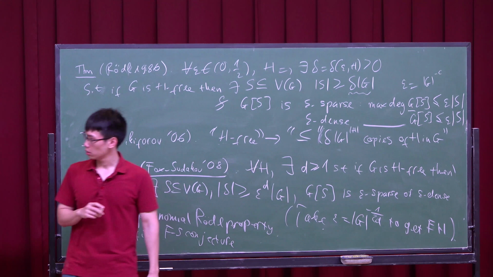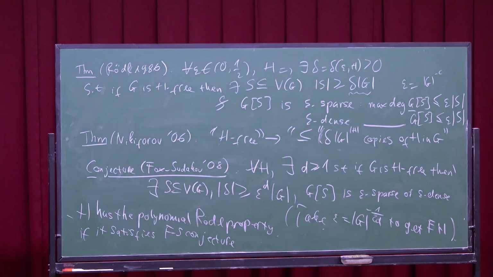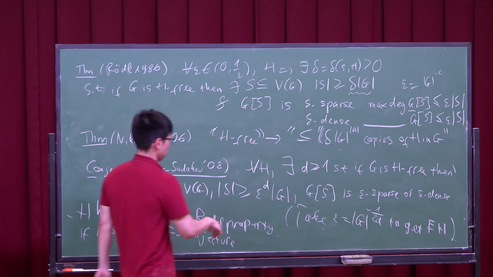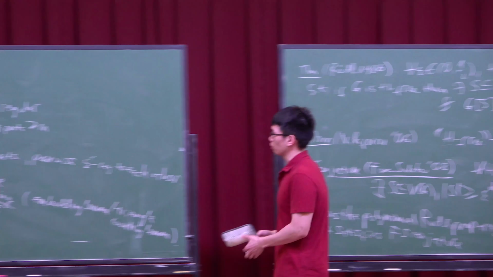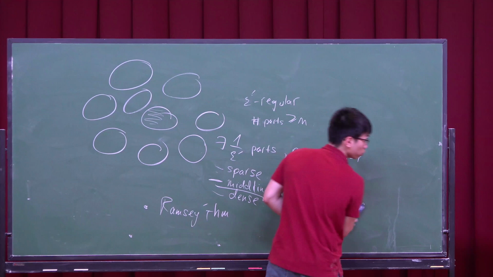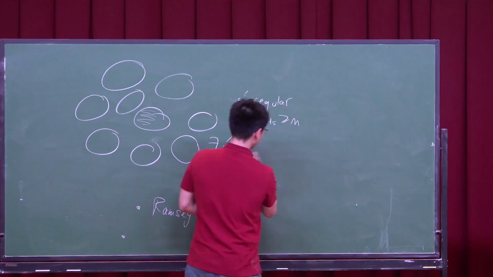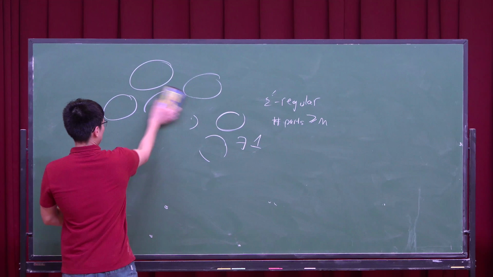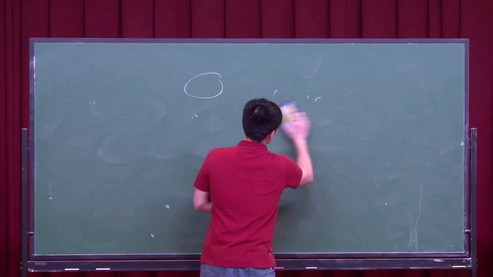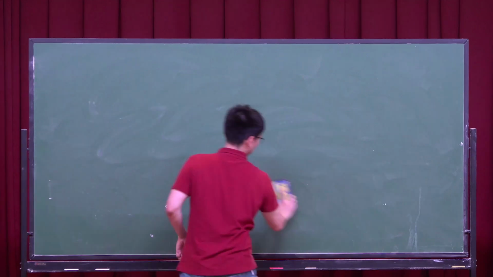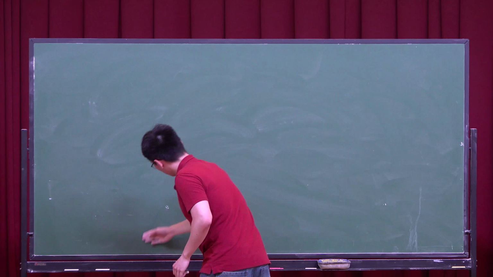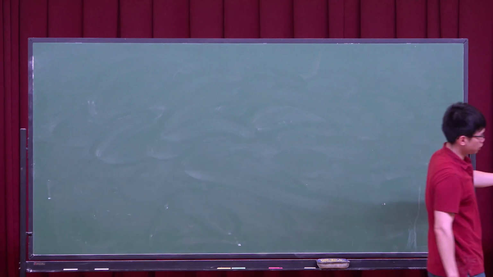So I think I don't have much time, so let me just introduce one last property before we start for today. So far this condition only concerns H-free graphs, right? And we have talked about the polynomial property.